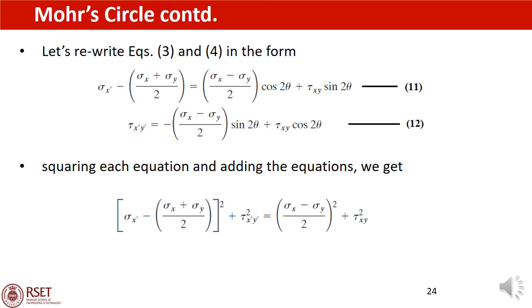Now squaring and adding both equations together, we get (sigma x dash minus (sigma x plus sigma y) by 2) the whole square plus tau x dash y dash square is equal to ((sigma x minus sigma y) by 2) the whole square plus tau xy square.